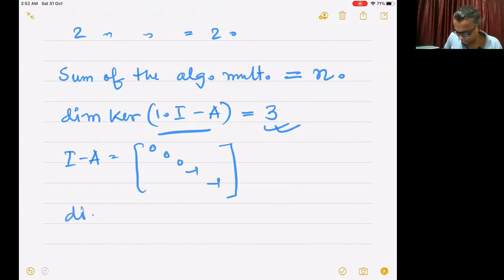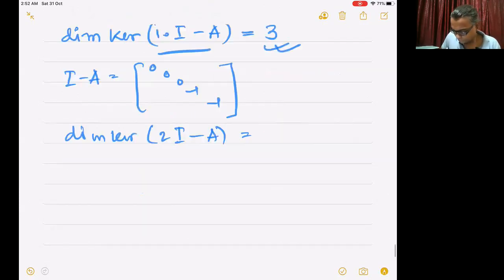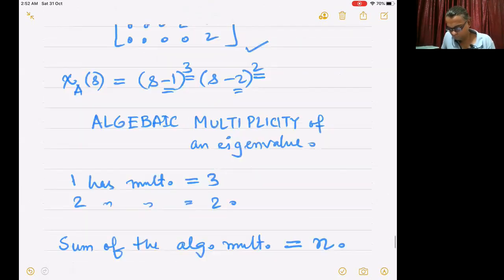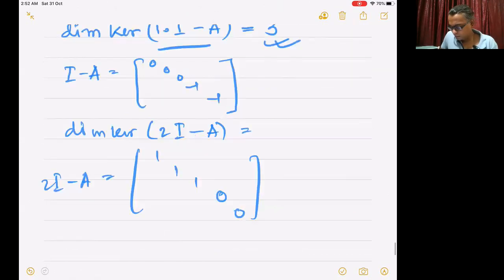Similarly, the dimension of the null space of 2 times identity minus A: this will be 2 minus 1, so 1, 1, 1, then 0, 0. This is the matrix 2I minus A. Its rank is 3, so the dimension of the kernel is 2.